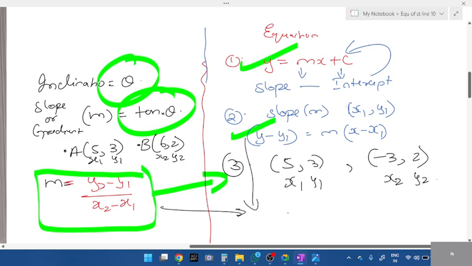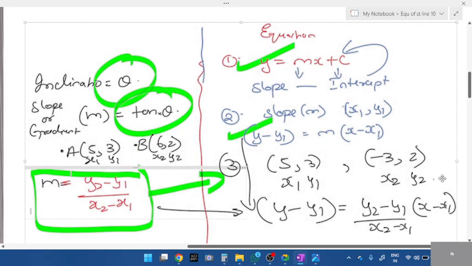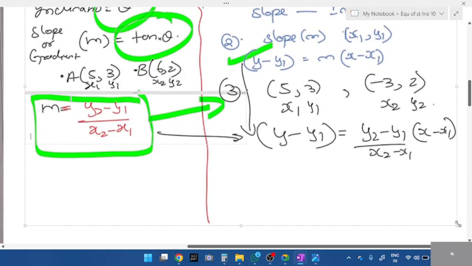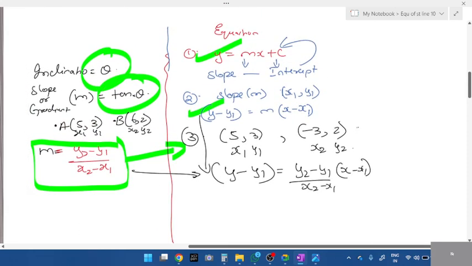Look, I'm going to combine these two. y minus y1 is equal to, what is m value, students? m is y2 minus y1 divided by x2 minus x1, then x minus x1 remains as it is. So this we call the 2 point equation of a straight line, if 2 points are given.